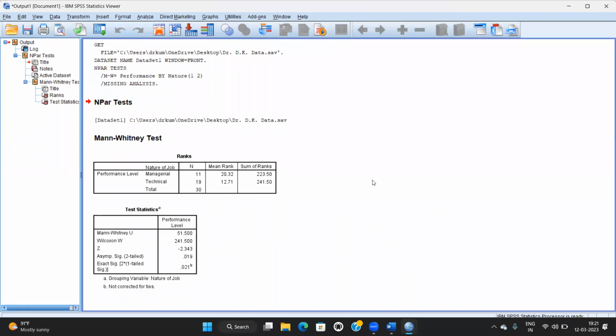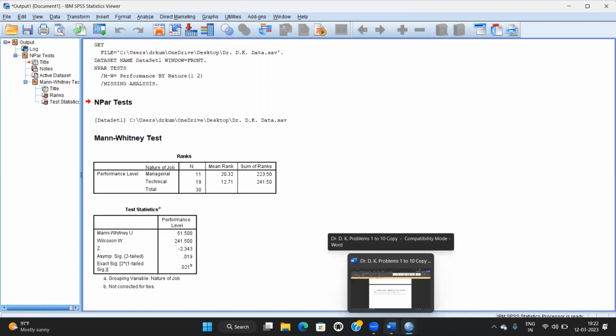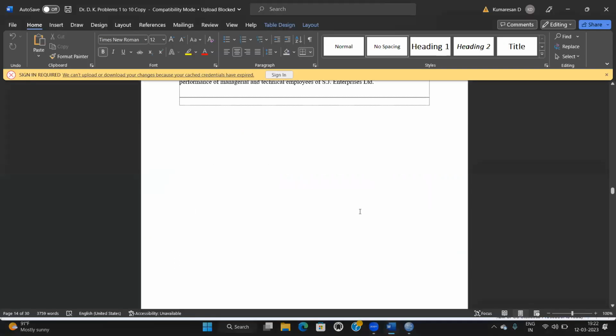Then the test results: Mann-Whitney U value is given, Wilcoxon value is given, Z value is given, P value is given, then exact significance value is given. Out of all these measures, we have to take the P value alone.